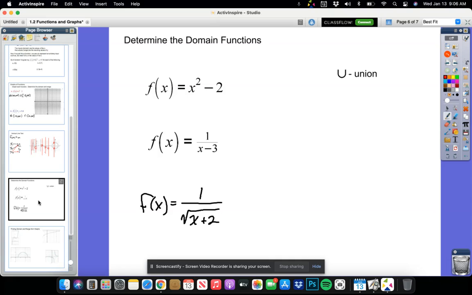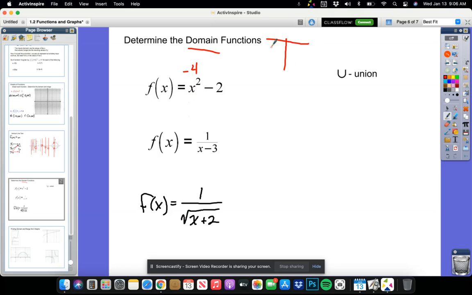Now, when we're given just the equation to determine what the domain and range is, can I at any point put a number in here for x that will give me an answer that can't exist? So for example, let's do the table.